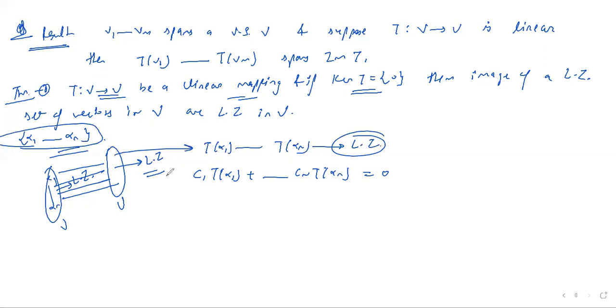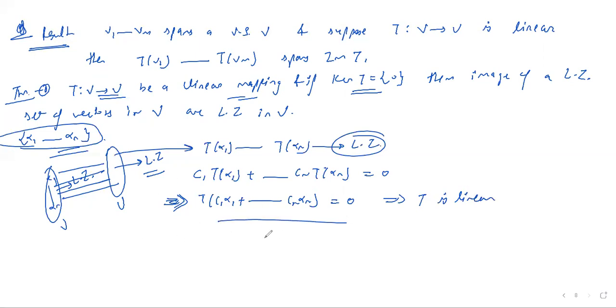So for calculating this, we can write it as T of c1 alpha 1 plus up to cn alpha n equals 0, by the property of linear transformation. We have studied this in the previous lecture: because T is linear, I can write it like this.